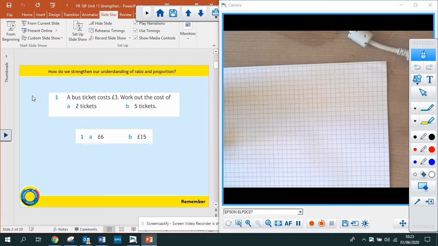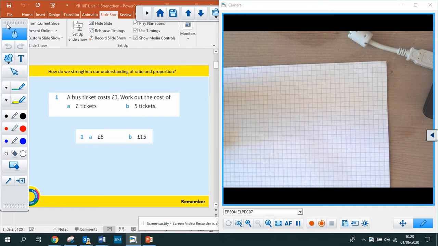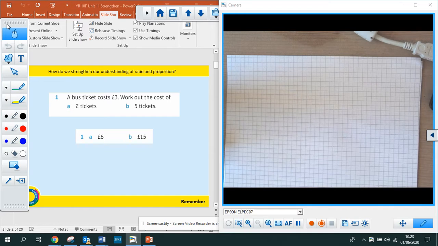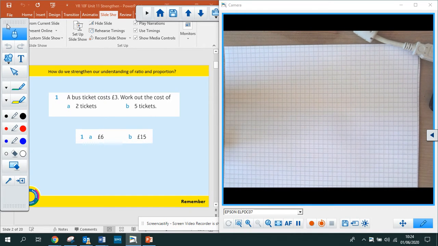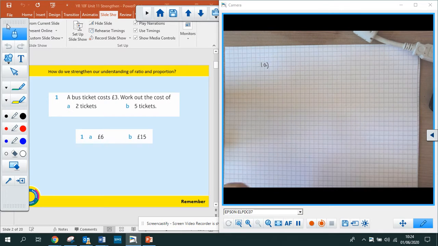Okay, so I've put the answers on the PowerPoint side of the screen now for you, but I'm going to quickly go through the solution. That was a pretty straightforward question, so hopefully, without really thinking about it, you were able to get the answer. For 1A, the question tells us that a bus ticket costs £3, so one bus ticket costs £3.